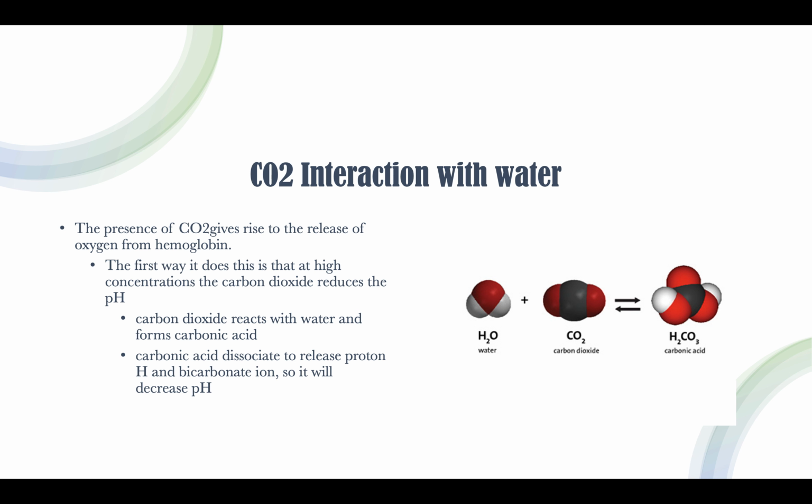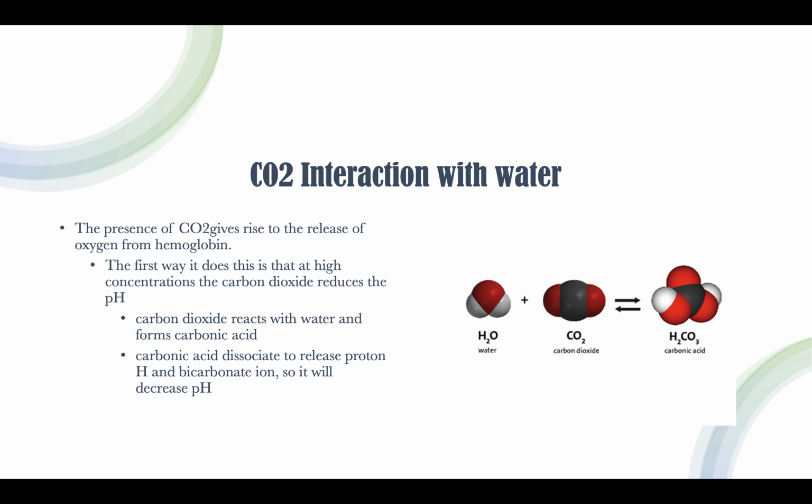And last but not least, we will be looking at how carbon dioxide interacting with water can affect the pH of the capillaries. The release of oxygen from hemoglobin is triggered by the presence of carbon dioxide. The first way it does this is by lowering the pH at high amounts of carbon dioxide. This happens when the carbon dioxide combines with water to generate carbonic acid, which then dissociates to release a proton, H plus, and the bicarbonate ion, lowering the pH.